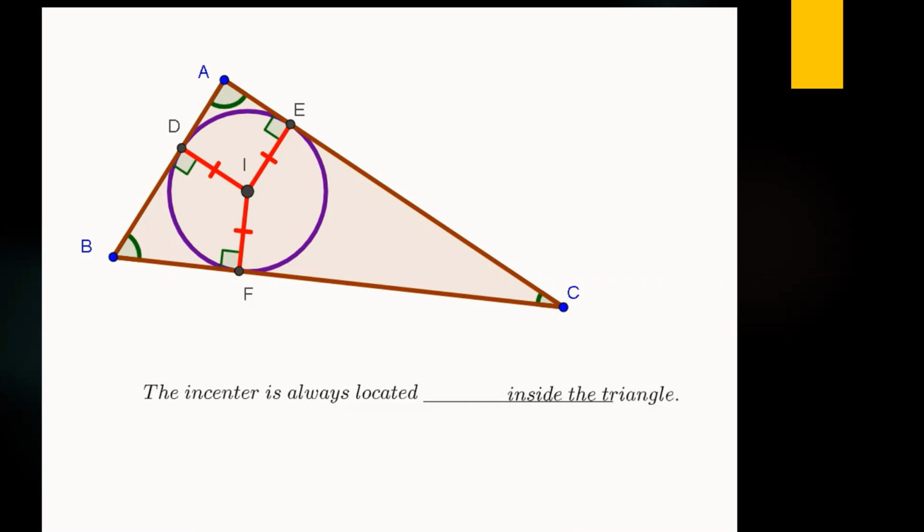Now the circumcenter of a triangle could be inside or outside the triangle. But for the incenter, for the angle bisector, it must be inside the triangle. It cannot be here or here or here. It must be inside a triangle.